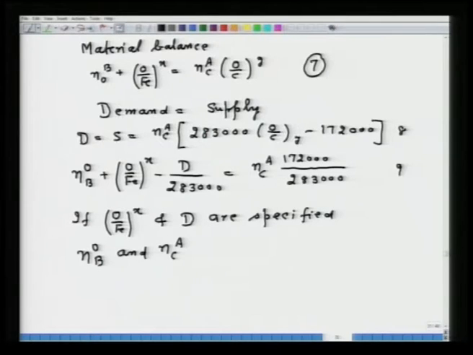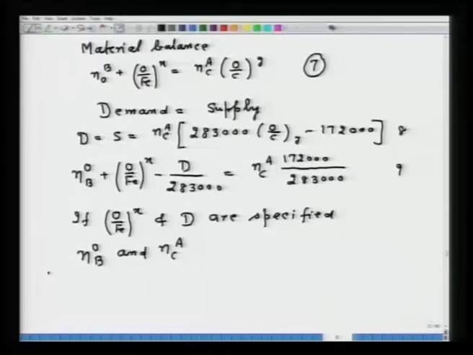Either one, if you specify it, then we can calculate the other variable. Say if NOB is specified, NCA can be calculated, or NCA can be specified, NOB can be calculated. If both are not specified, then we can proceed to the graphical solution, and let us see that. Before that, let me illustrate by taking a simple example.